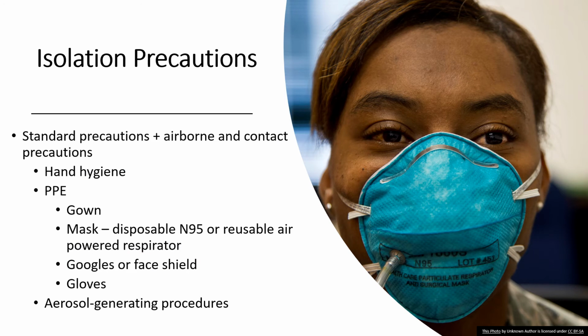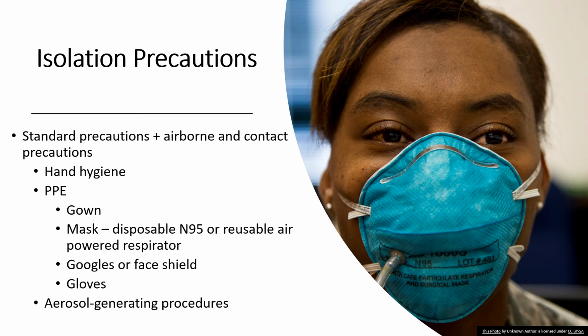Healthcare providers must use airborne and contact precautions in addition to standard precautions when caring for a suspected or known MERS patient. Hand hygiene before and after patient contact, including before and after personal protective equipment use, or PPE, must be observed.